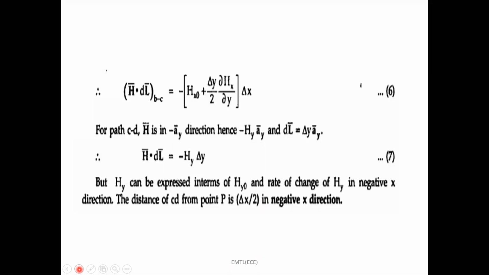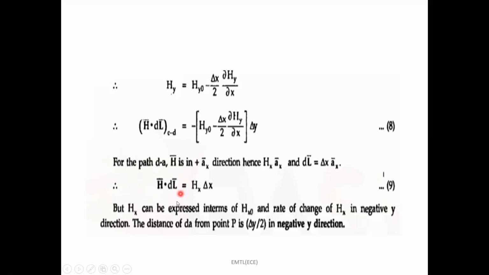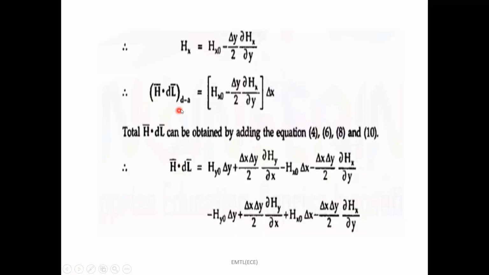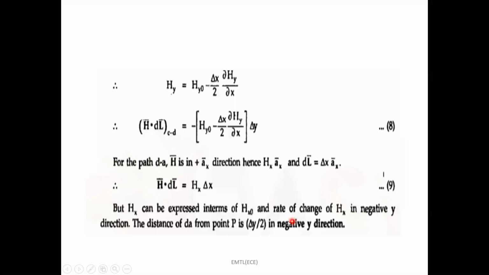And now, in a similar manner, whatever we calculated for the magnetic field intensity when current passed from C to D, the same way we have to calculate the magnetic field intensity when current passed from D to A. It is in a negative y direction.